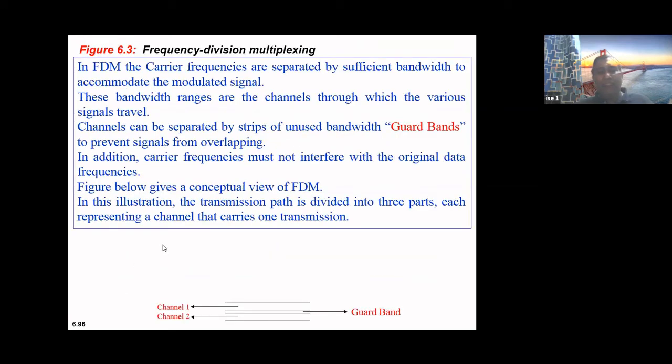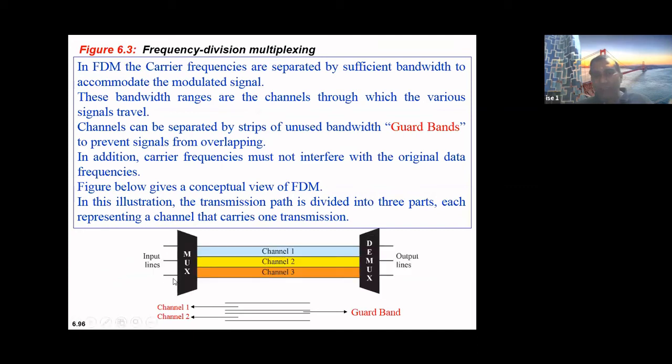Now what happens? There are three input lines you can see here. The combined bandwidth of these three input lines is less than the total bandwidth available here. This entire thing is the total bandwidth. Got my point?